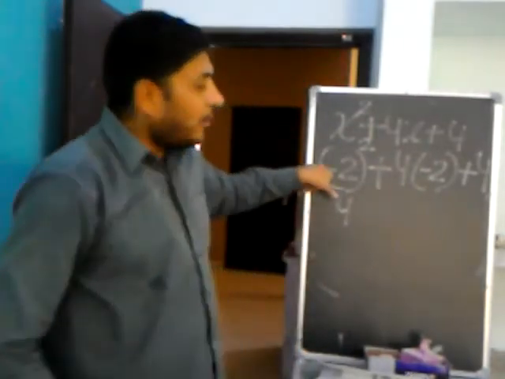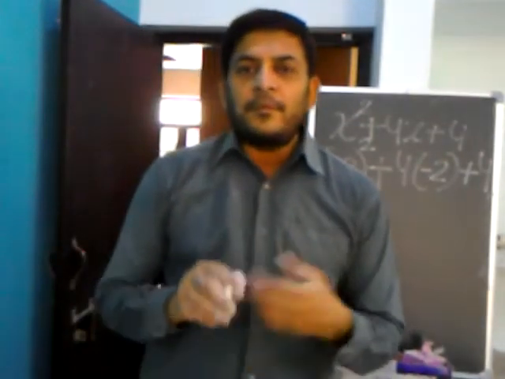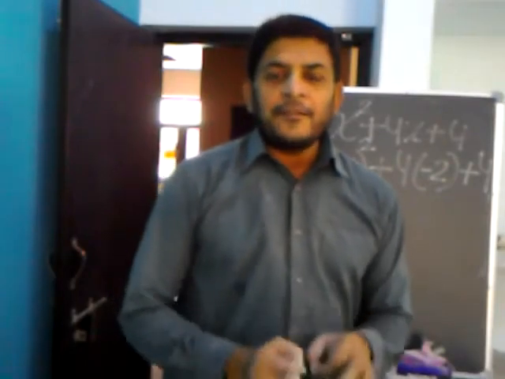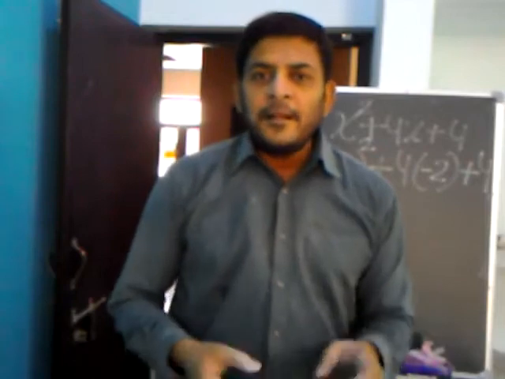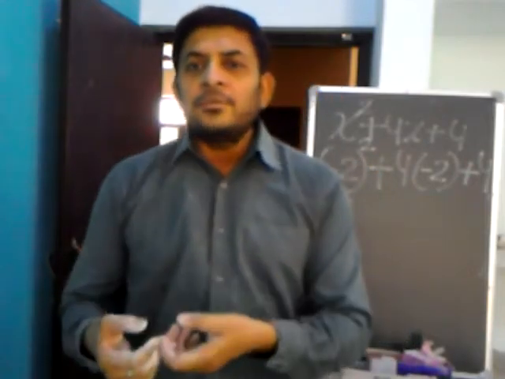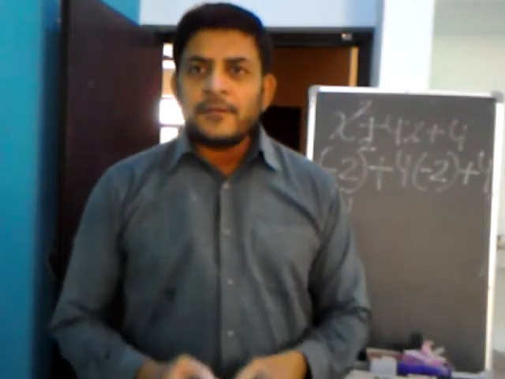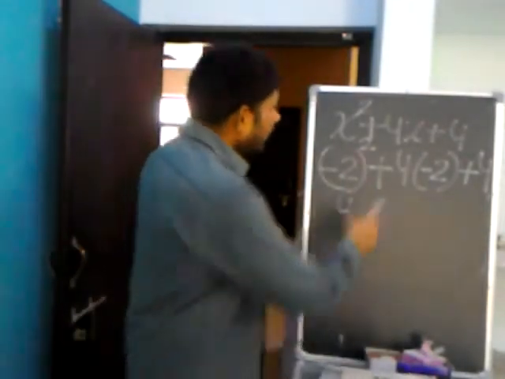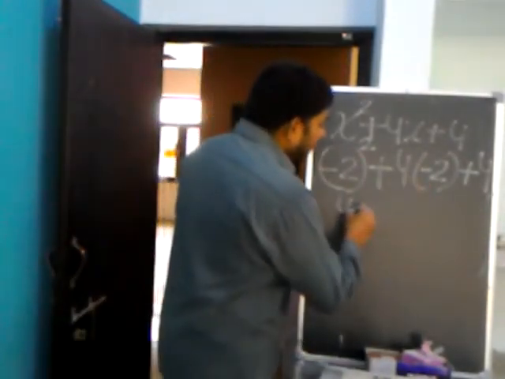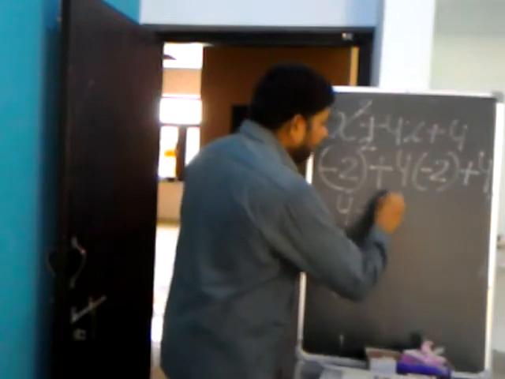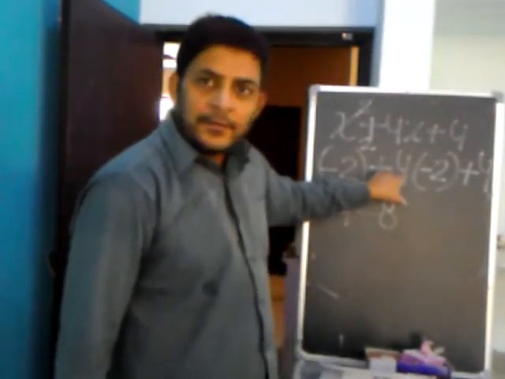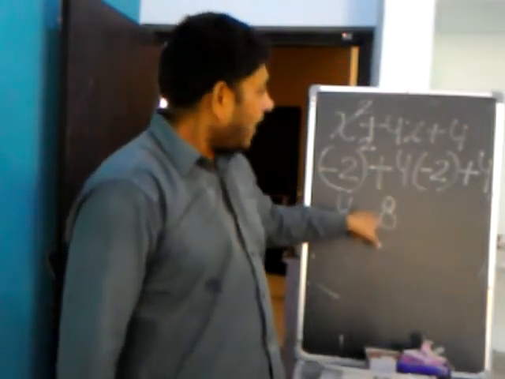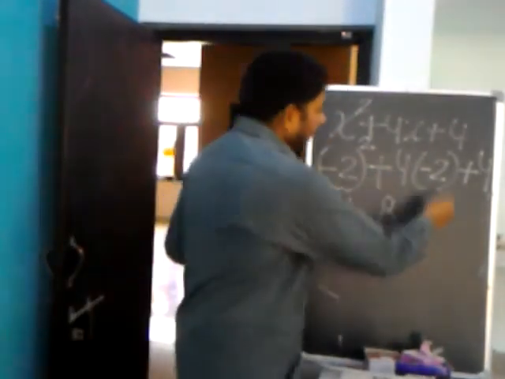Why? Because this is minus 2 and minus 2. A negative integer multiplied by a negative integer, that means minus 2 multiplied by minus 2, the answer will be a positive integer, so plus 4. Minus 2 multiplied by plus 4 is minus 8, because minus 2 is a negative integer and 4 is a positive integer, so the answer will be negative, and plus 4.